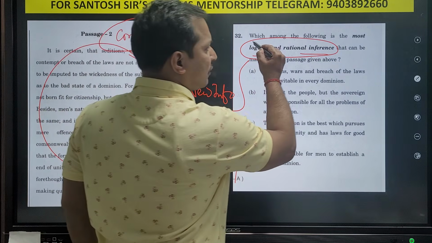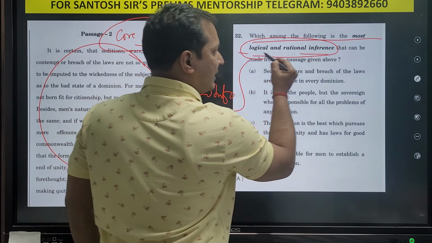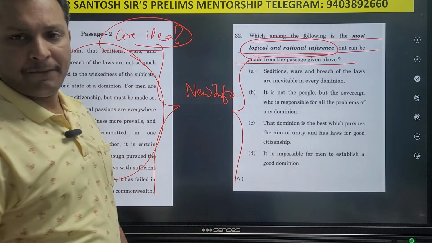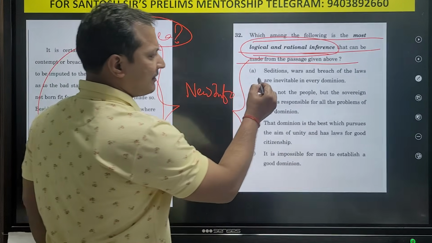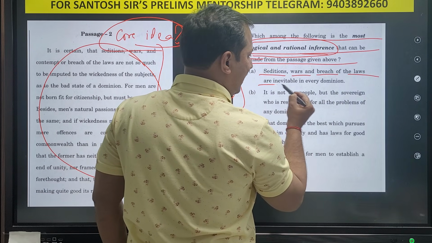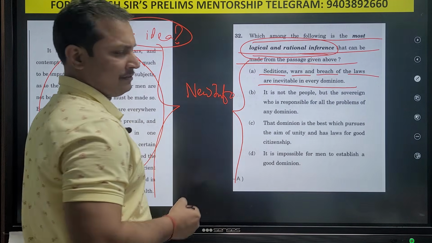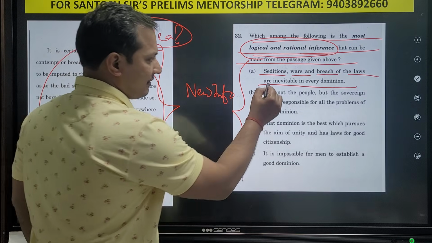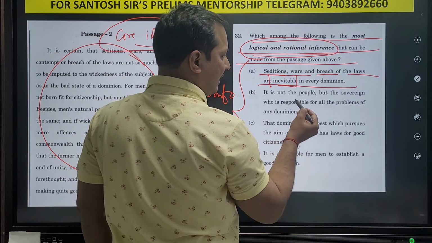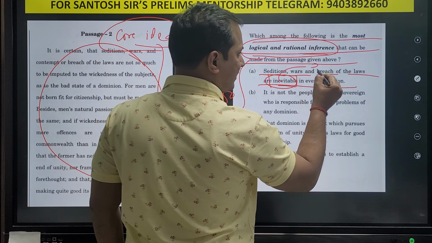Which of the following is the most logical and rational inference that can be made from the passage? The first statement says seditions, wars and breach of laws are inevitable in every dominion. Inevitable is an extreme word.